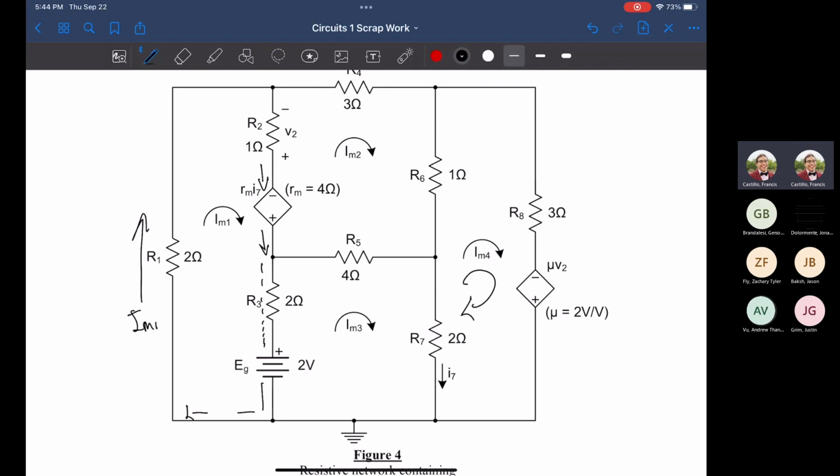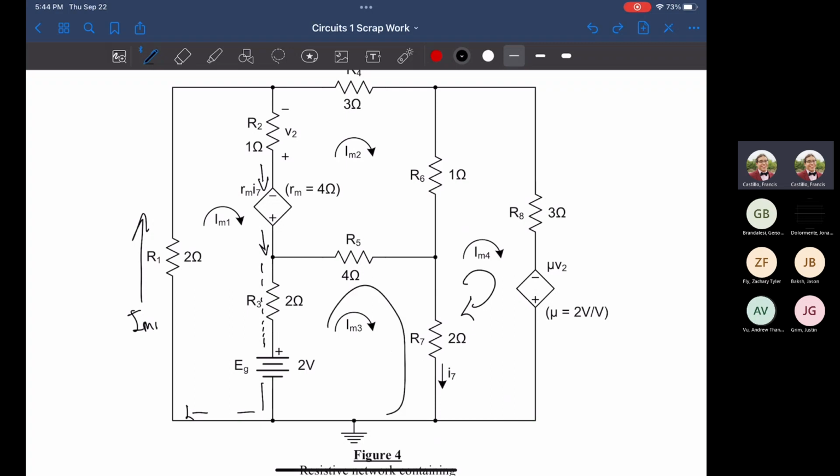So let's double check our sources. Current flow for mesh 1 traveling in a circle clockwise: our dependent source I7 is correct, EG is not. That'll make that negative. Mesh 2, same thing here: our dependent source is not flowing with our current convention, so make that negative.